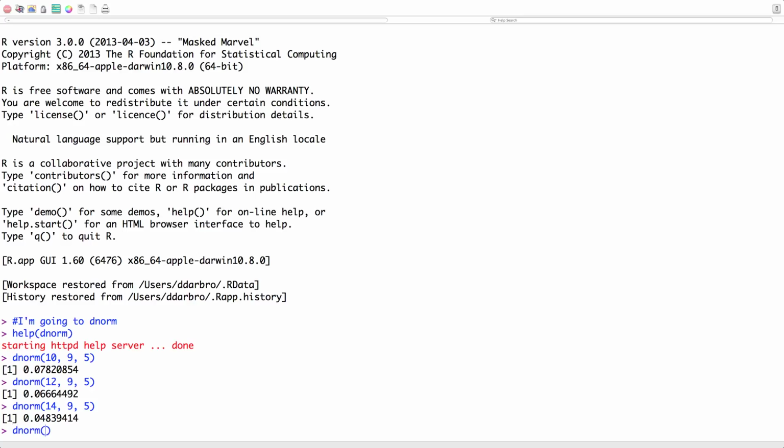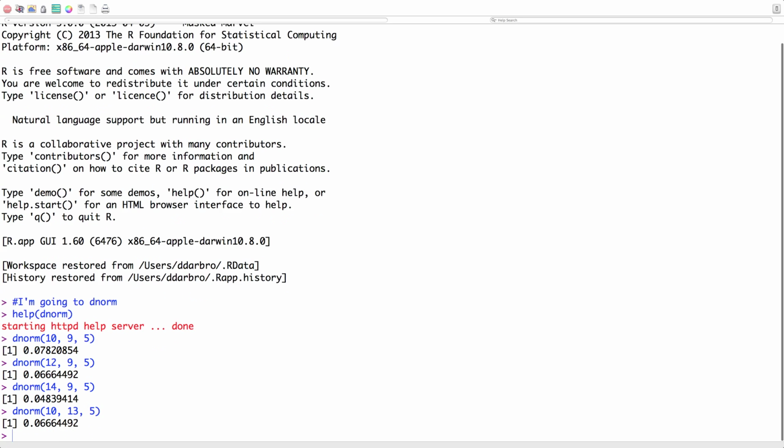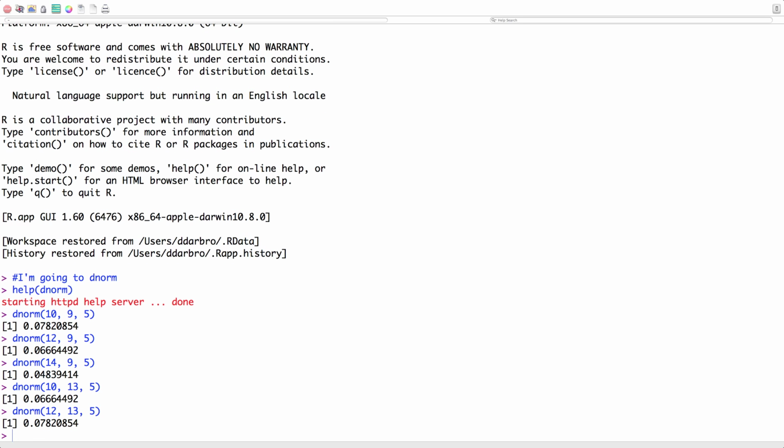So dnorm for 10, but having a mean of 13, standard deviation of 5, I get 0.0066. Interesting. Dnorm, value of 12, mean 13, standard deviation 5, so here I get 0.0782.